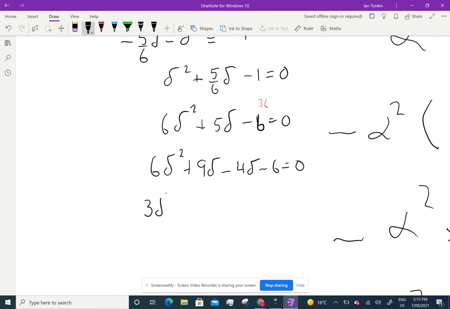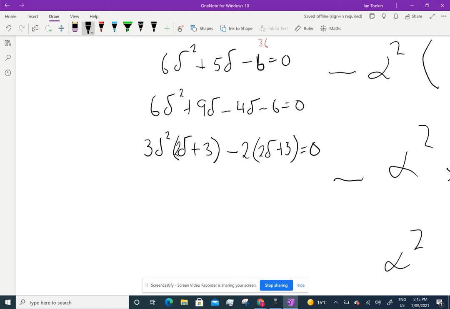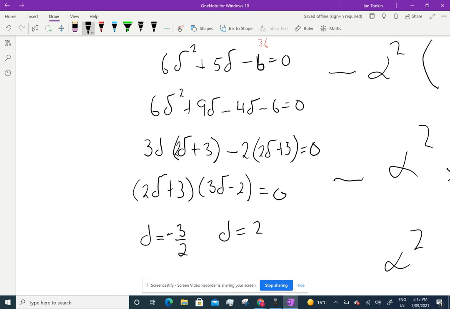Therefore, 3 delta (2 delta plus 3) minus 2 (2 delta plus 3) equals 0, which gives me (2 delta plus 3)(3 delta minus 2) equals 0. That means delta equals minus 3 on 2, or delta equals 2 on 3.